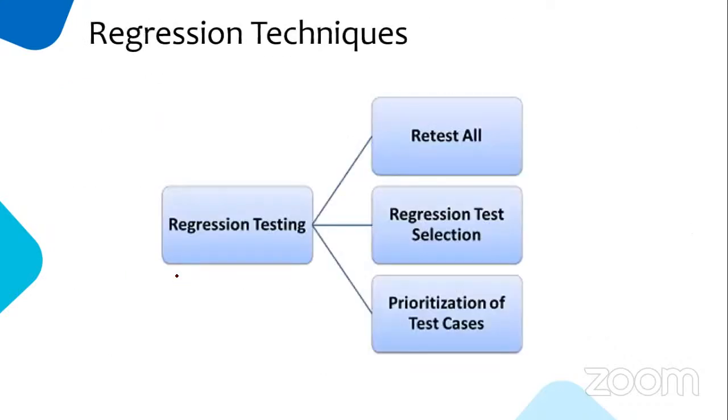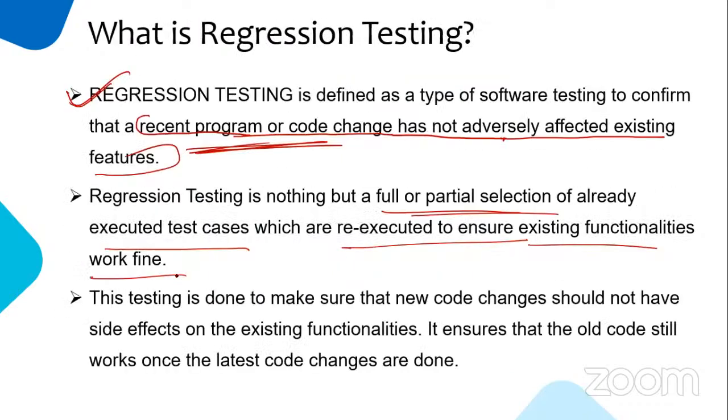That's where the regression testing technique comes in; there are three ways we can do it. I'll come to that. But again, due to the addition of new code or a change in the code, we have to make sure the existing functionality of the entire application is not affected and is working fine.